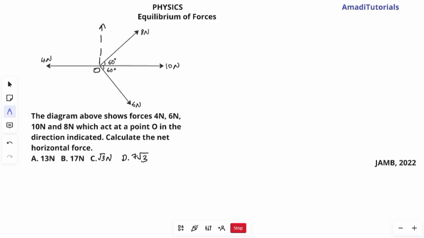If this center was to move, it would just move horizontally, not upward. So let's not talk much and start calculating.